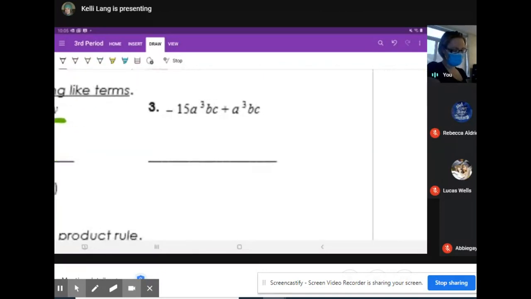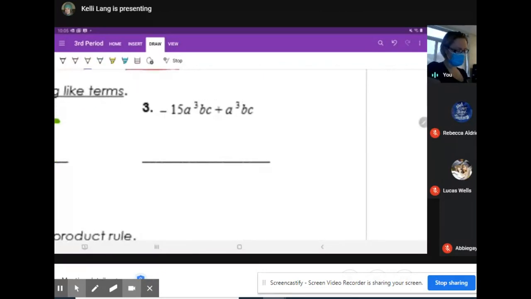All right, and problem 3. This problem is just here to demonstrate to you that it doesn't matter how complicated your variables, your bases, and your exponents are, they still have to match in every way. So notice I have an a cubed and an a cubed in these two terms. And I have a b and a b and a c and a c.